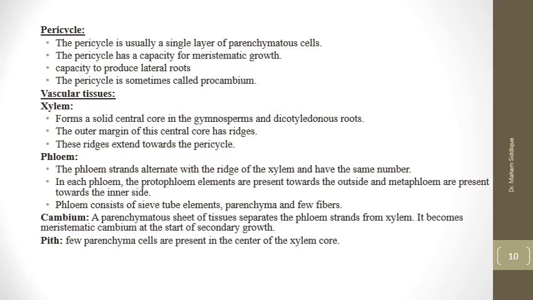Cambium. A parenchymatous sheet of tissue separates the phloem strands from the xylem. It becomes meristematic cambium at the start of secondary growth. In the center of the vascular tissues, pith is present. Few parenchyma cells present in the center of the xylem core are called pith.